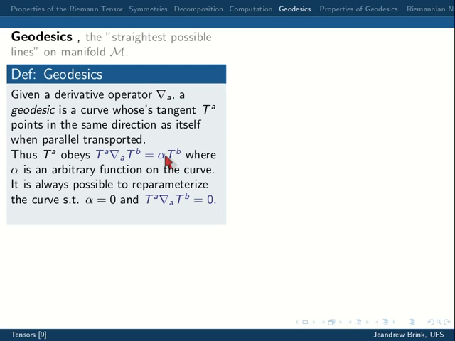Remember, right at the start, if we were arc length parameterized and we took the derivative of the tangent vector in the direction of the tangent, then it was 0 because the norm of the tangent vector was 1. So this is the equivalent of that. If we choose the parameterization so that alpha is 0, we effectively have our arc length parameterization. So the most general way of writing parallel transport is this, but there always exists a parameterization so that that is possible.